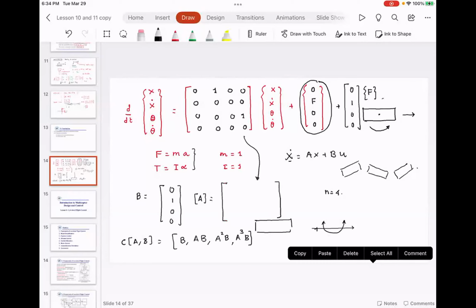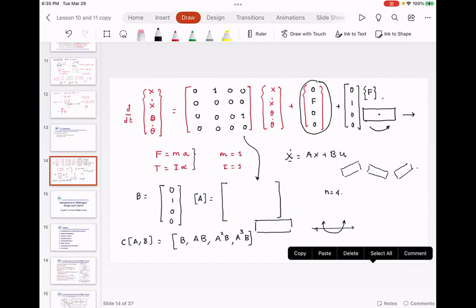In other words, the angular states, angle and angular velocity, are not controllable by the horizontal force applied onto this mass. Everyone understood this?